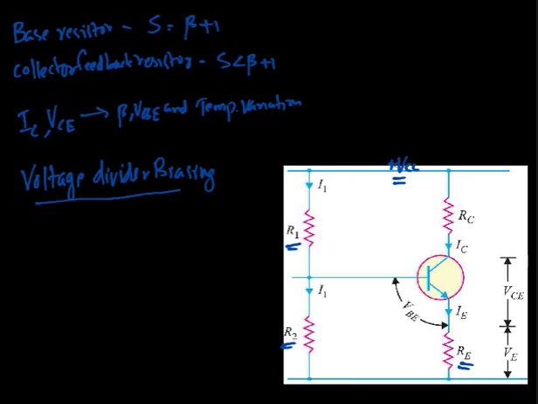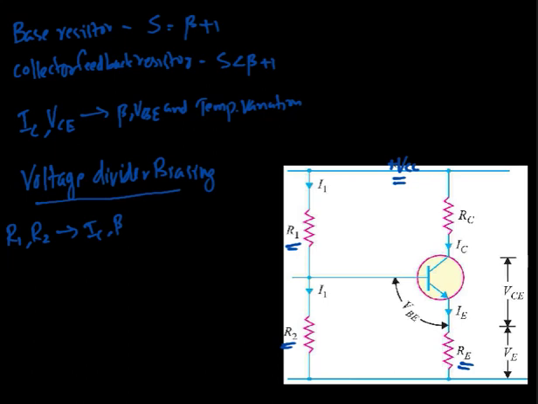So let's see how the biasing has been obtained using this circuit, and also how better stabilization has been achieved by using this circuit. For discussing the biasing, we have to determine the values of R1 and R2 for particular chosen values of the collector current IC and a given transistor beta.